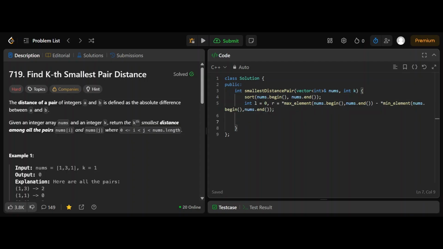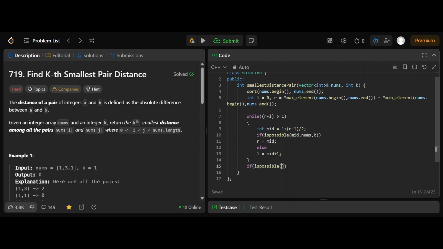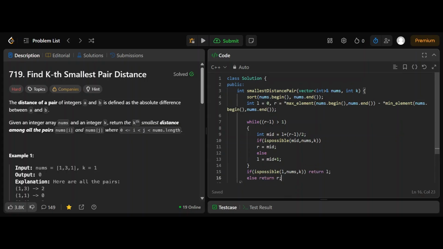Now while R minus L is greater than 1, mid is L plus (R minus L) divided by 2. We'll consider if mid is the kth smallest distance. So if isPossible with mid, nums and k, we'll set R as mid, else L as mid plus 1. Again, we'll first try for L because it's smallest. If isPossible with L, nums and k, then we will return L, otherwise we'll return R.